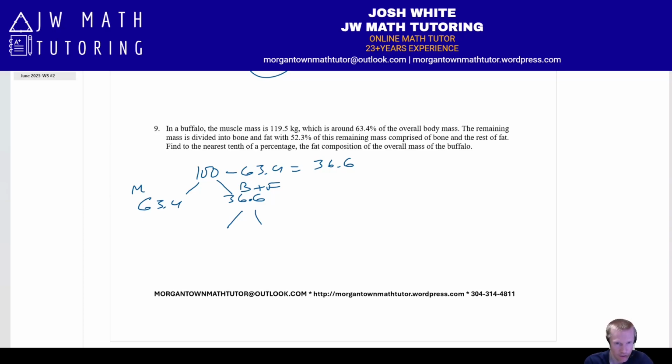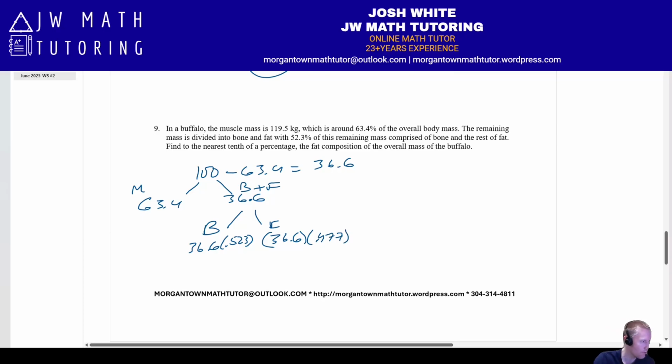So in other words, just the bone down here is basically 36.6 times 0.523. Sorry, this should be 0.523, not just 0.52. And then the fat is 36.6 times 1 minus that, which is going to be 0.477.